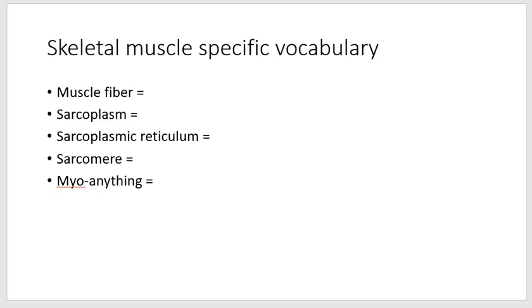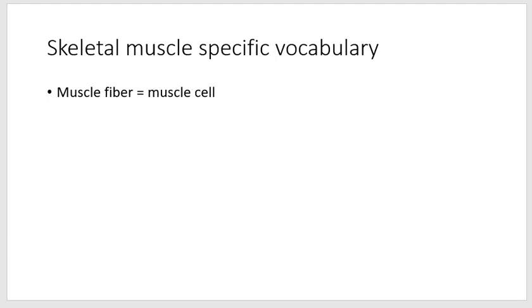And so we have some really specific vocabulary to deal with your muscle cells. So the first one is your muscle fiber, which is just a different name for a muscle cell. In skeletal muscle, the cells are really long, so they look like fibers, right? And so a muscle cell, muscle fiber is the exact same thing.